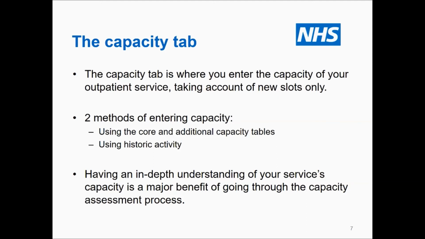Note that these are two different questions, so please be clear on which you think is most relevant to your needs before proceeding. Having an in-depth understanding of your service's capacity is a major benefit of going through the capacity assessment process. Although this may initially be a laborious process, it is very worthwhile in the long run.